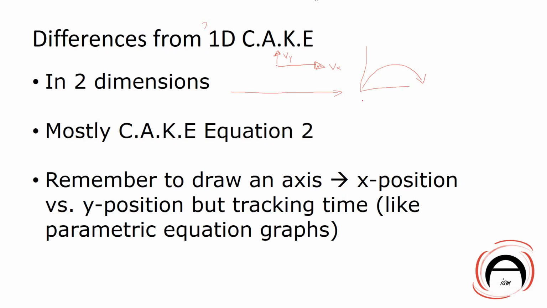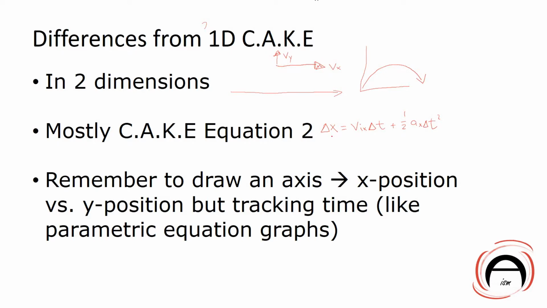So what you're mostly going to be using when doing projectile motion problems are going to be your second kinematics equations. If you don't remember, it's going to be delta x is equal to v initial in the x direction, delta t, plus 1/2 ax delta t squared. When doing projectile motion problems, it's especially important for you to remember your variables because you're going to be moving in 2 directions rather than just one.